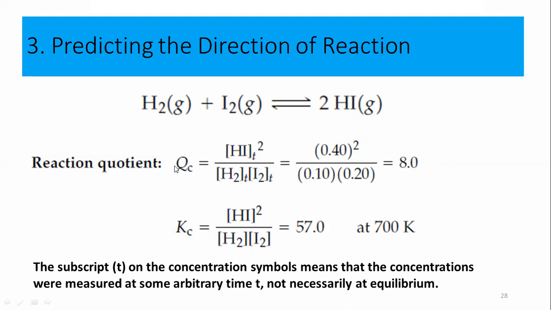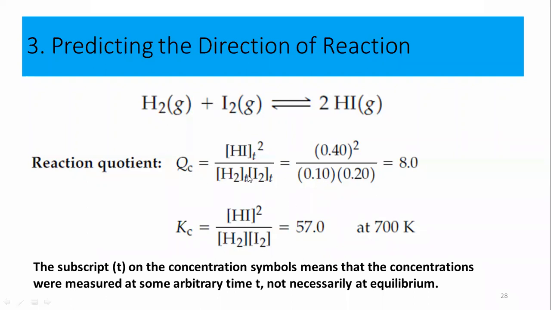This Qc will proceed towards the Kc, and when this value reaches 57, then the reaction will remain at equilibrium. Until then, it will be moving towards the forward side or the backward side, whatever the condition is. When it reaches the value of the equilibrium constant, that is the condition of equilibrium.